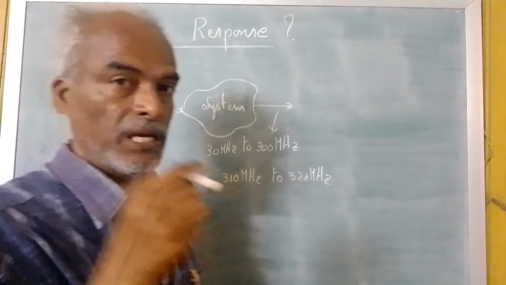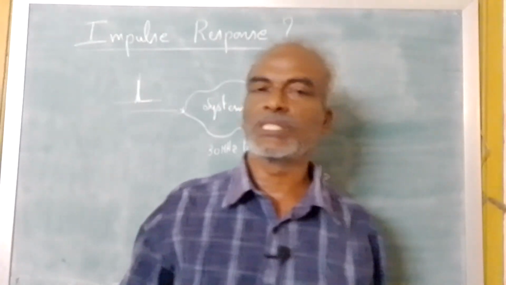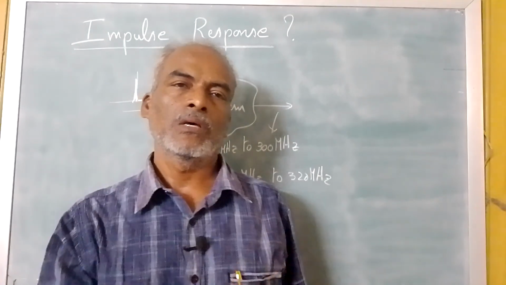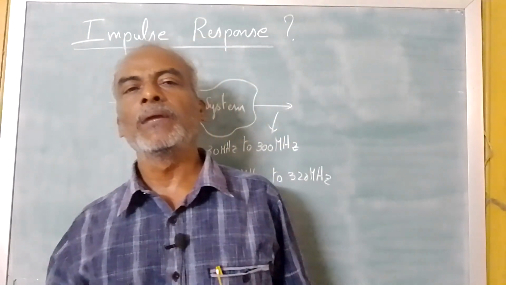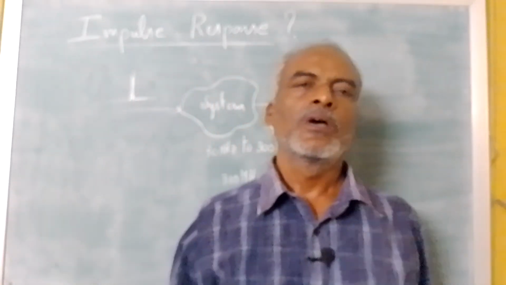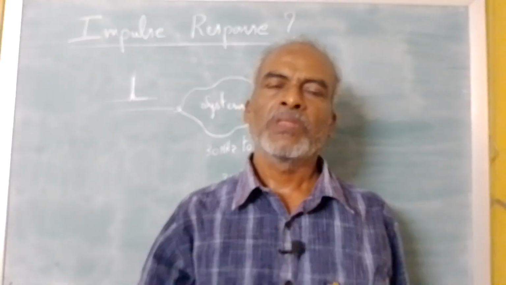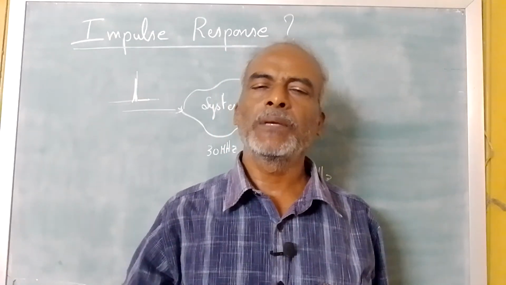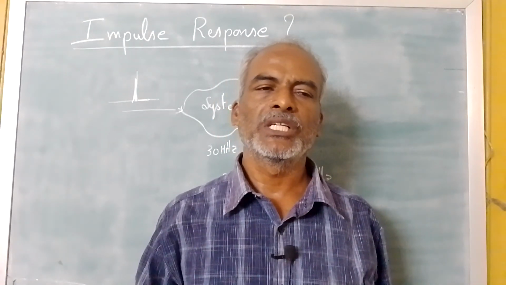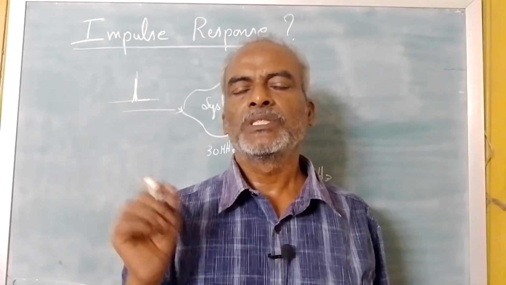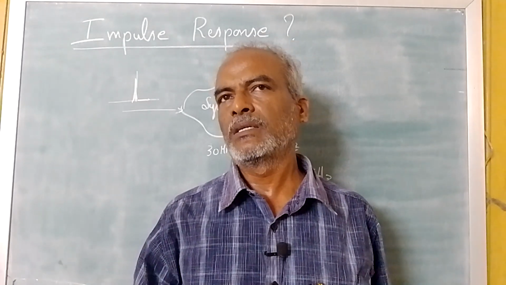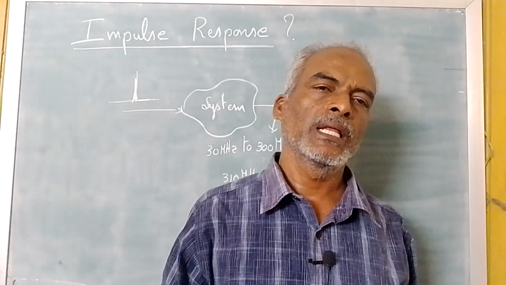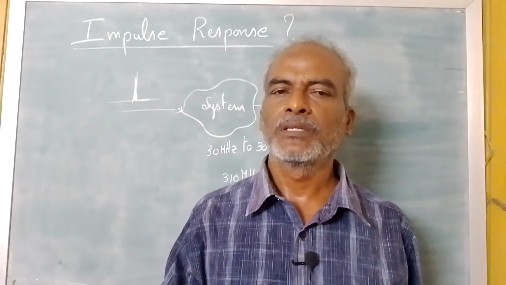That means even though we have given all the frequencies to the system, it is not allowing them. This is called the impulse response of the system. Therefore, we can evaluate any type of system, any type of communication equipment, by impinging it with a unit impulse signal and checking out the response.